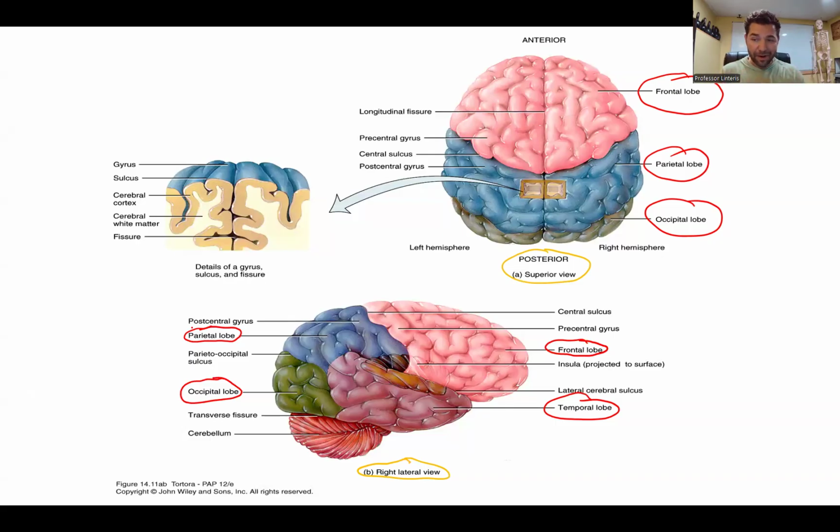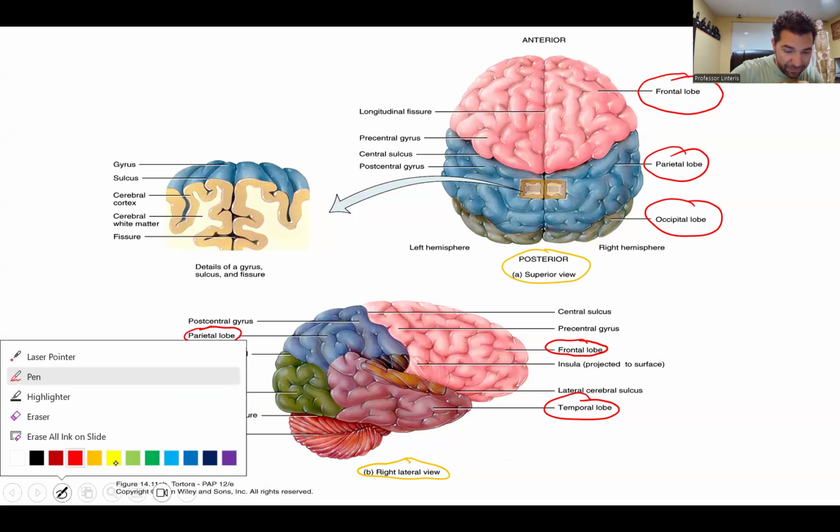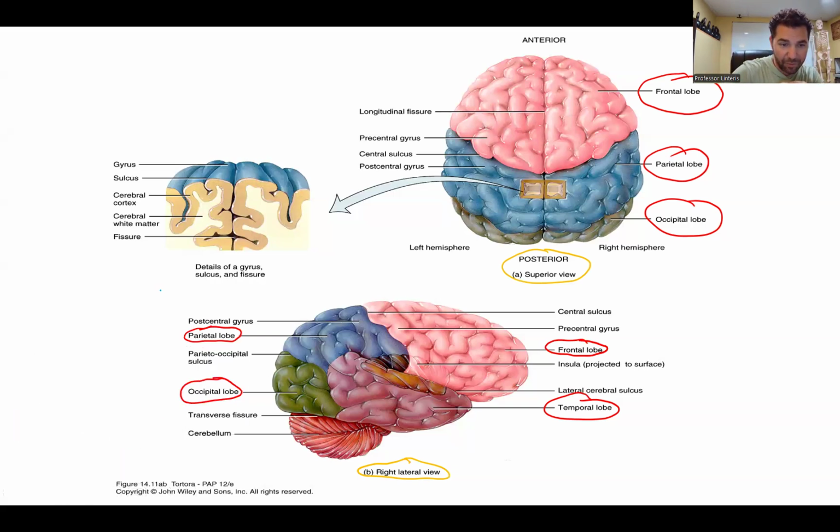You will notice that the brain is very wrinkly looking. This is because it is made of folded structures called gyri, or a gyrus. A gyrus is a fold or a bump. In between these gyri, we have little cracks, or little spaces, and these are called sulcus or sulci.